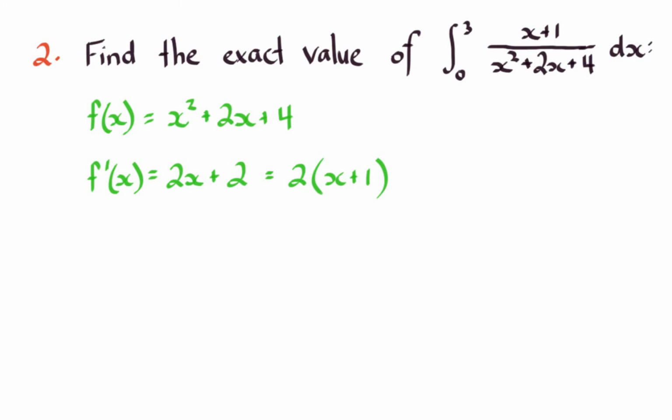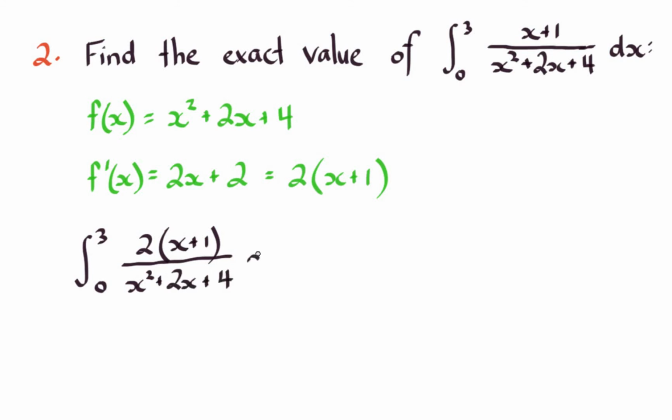So let's rewrite our initial question. Our initial integral would be really great if it looked like this. However, we can't just go and multiply something by 2, as that changes the question.